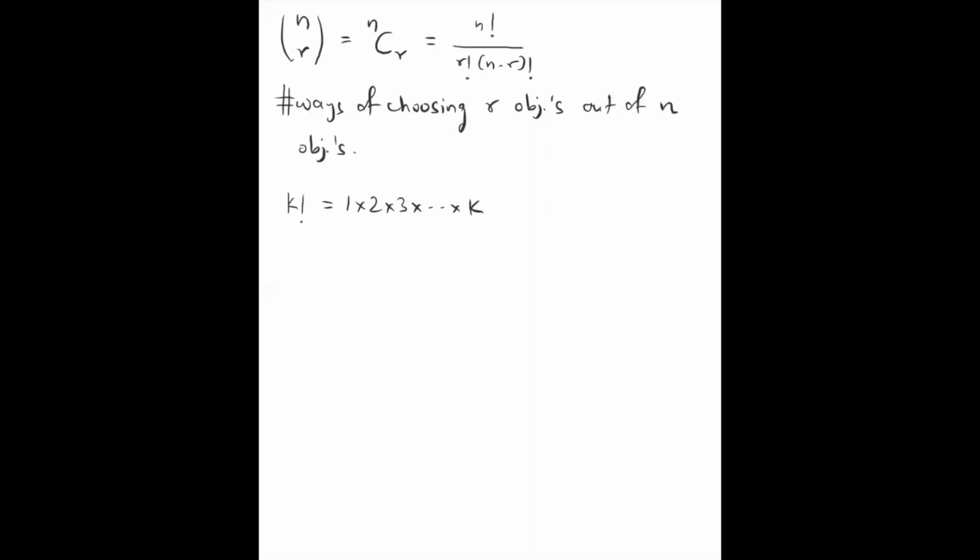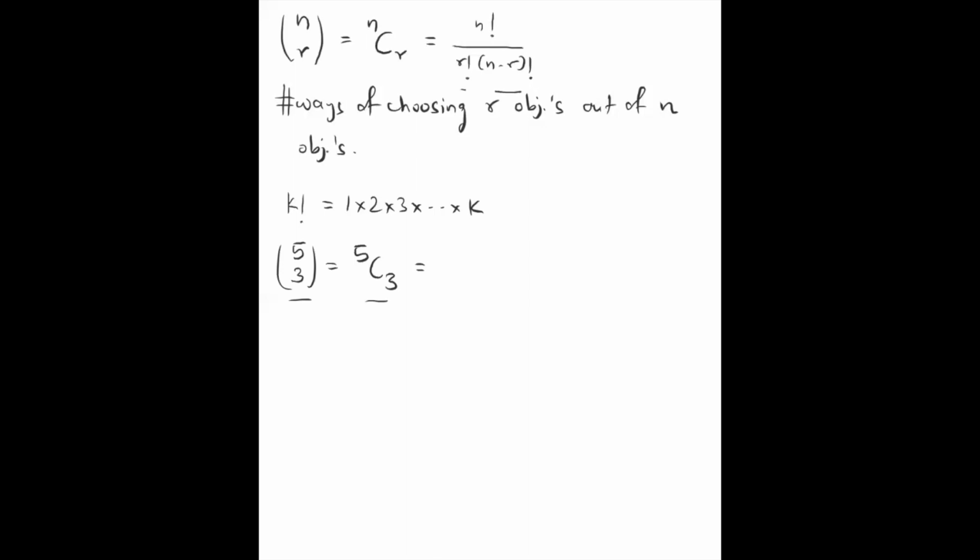So for instance, say we wanted to calculate 5 choose 3. You also write it as 5C3. And of course, this will be the number of ways of choosing 3 objects out of 5. You're given 5 objects and you have to choose 3. So what is the number of ways of doing that? Well, that's what this symbol stands for. The way you would calculate it is using this formula.